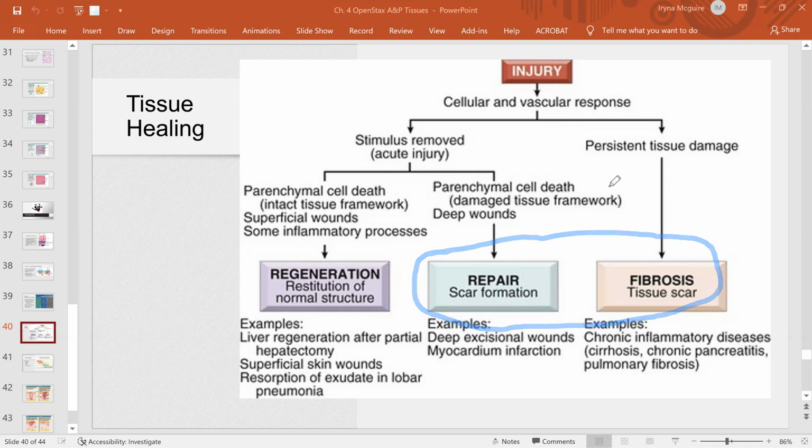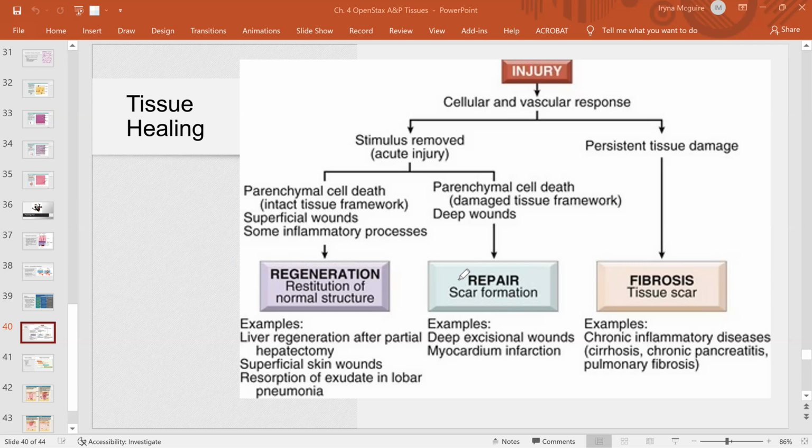When we have persistent tissue damage, or when we damage the tissue framework, we repair by fibrosis. How is regeneration different? In regeneration, we restore normal structure and function. In fibrosis, we lose some of the function.